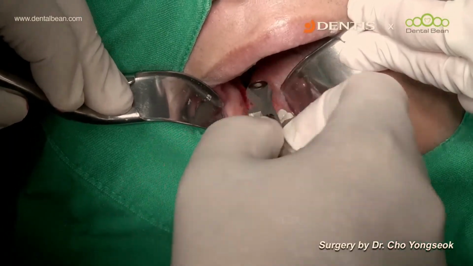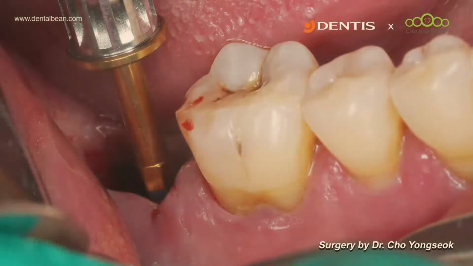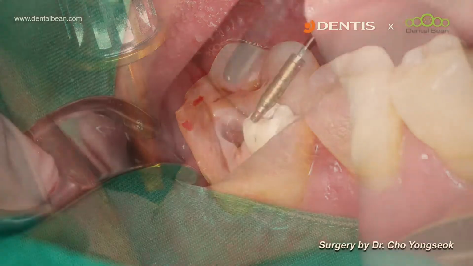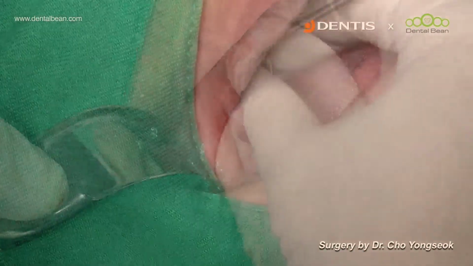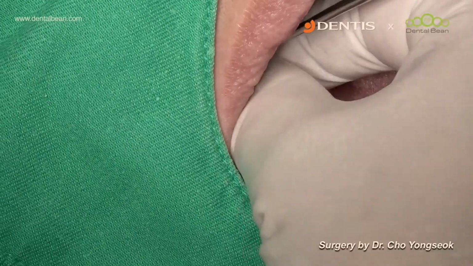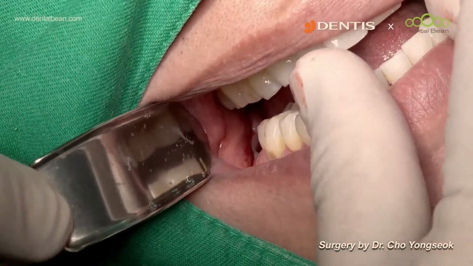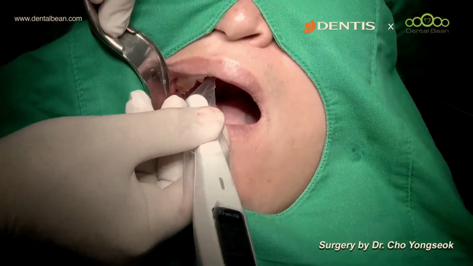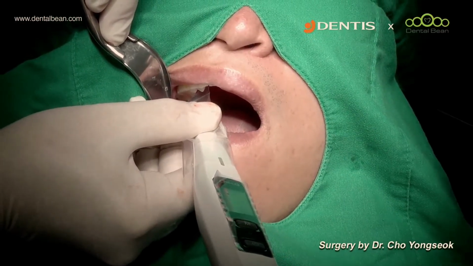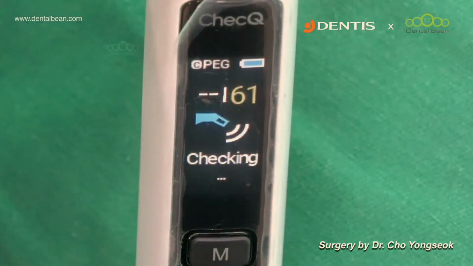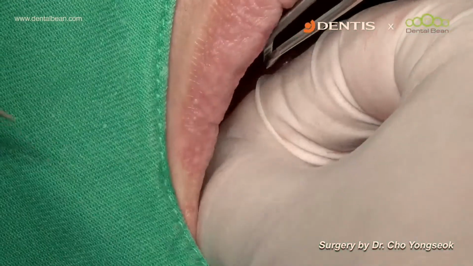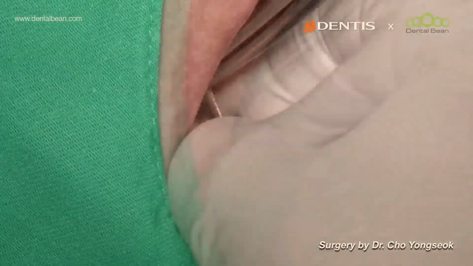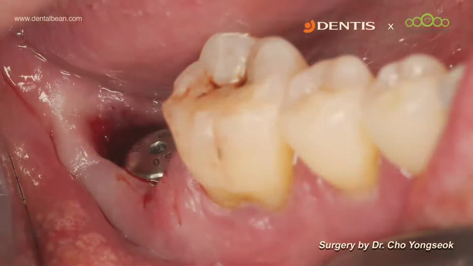Now, not bad. Okay, depth enough, pass good. I checked the ISQ value with the CheckQ device and connected the healing abutment. Okay, surgery finished.